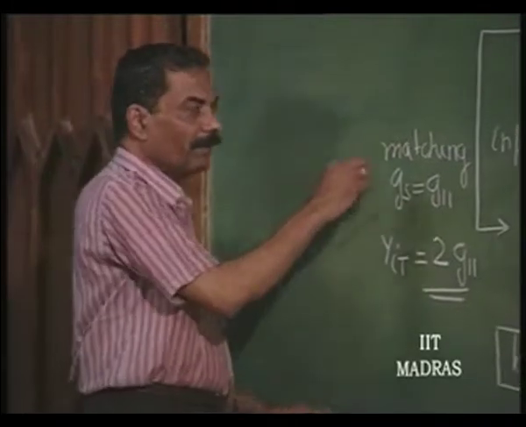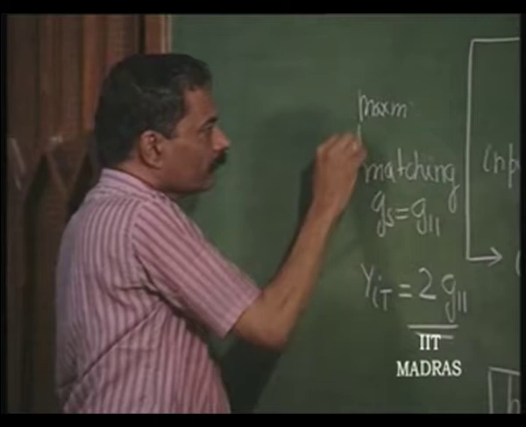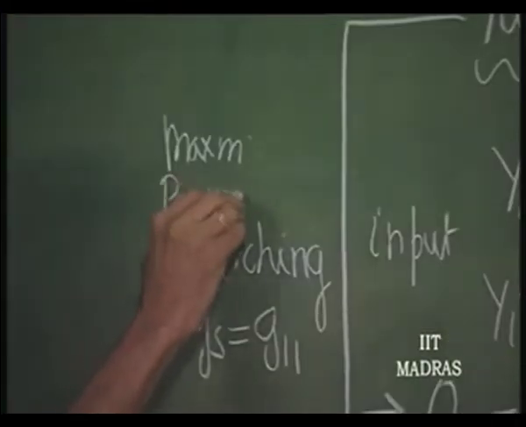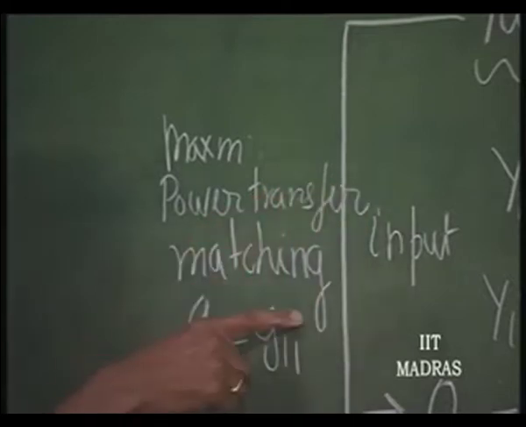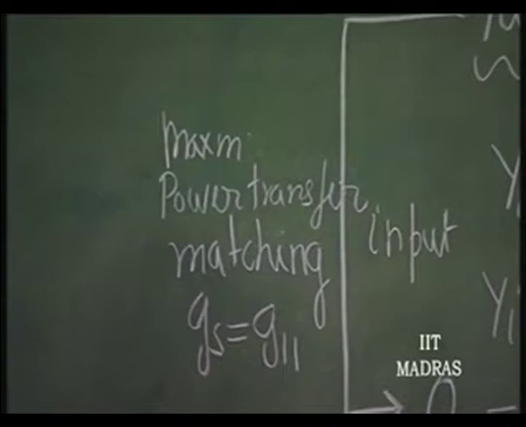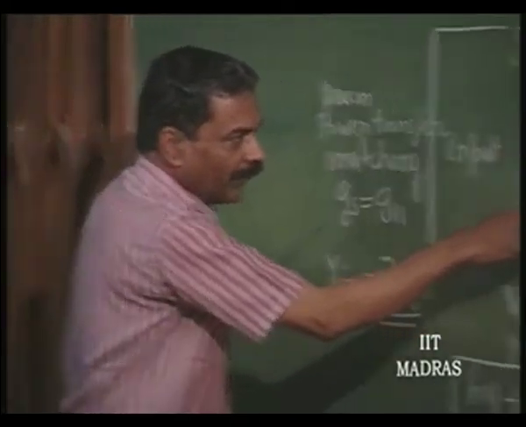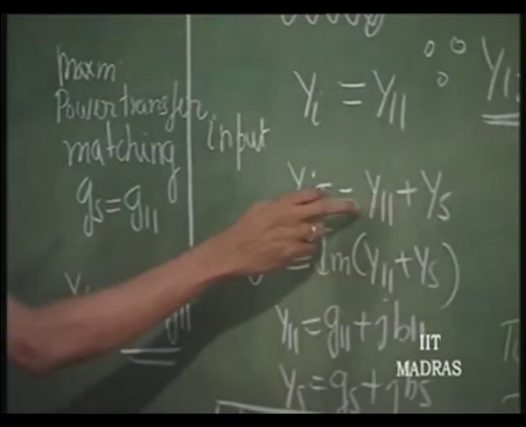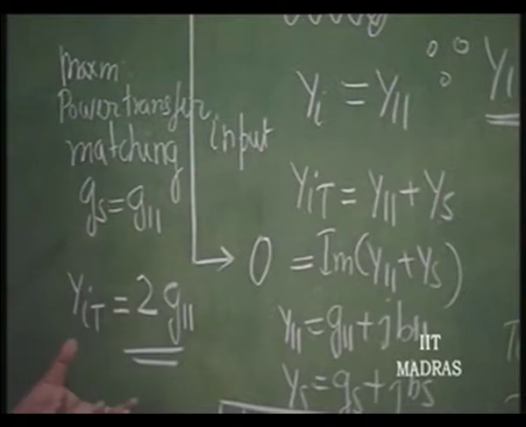So, maximum power transfer occurs due to matching when Gs is made equal to G11. Then Y I total is equal to G11 plus Gs, which is twice G11. So, Y I total at the input is twice G11.